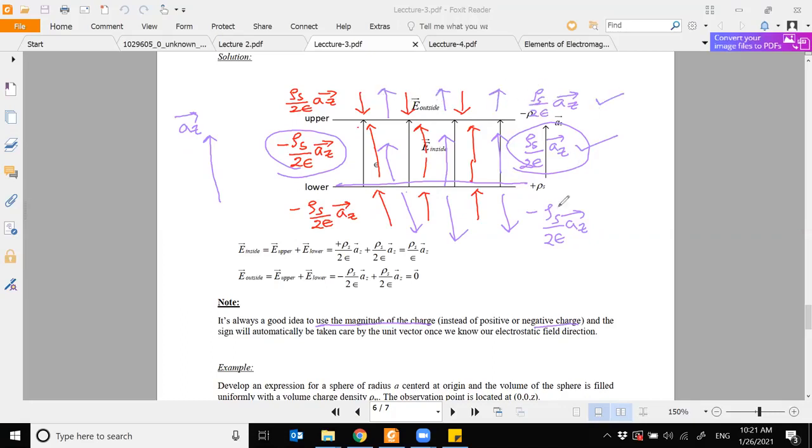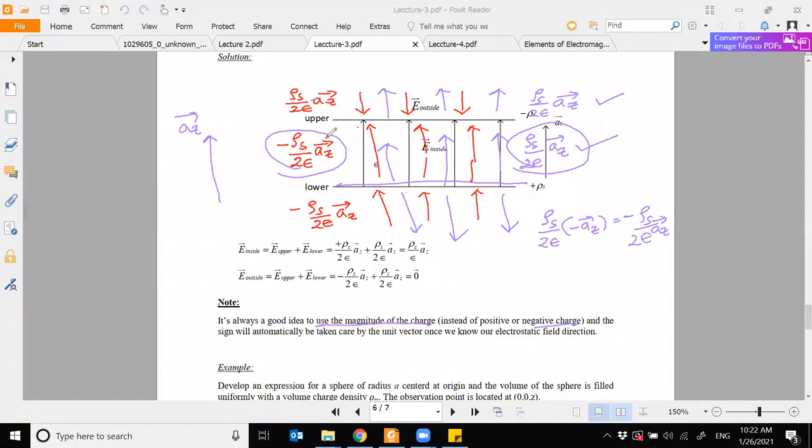Yes, okay. Here I'm working with the magnitude. So let me rewrite this in a proper manner. So here I will use the magnitude rho S over 2 epsilon, and now it is minus Az. So this is giving you minus rho S over 2 epsilon times Az.